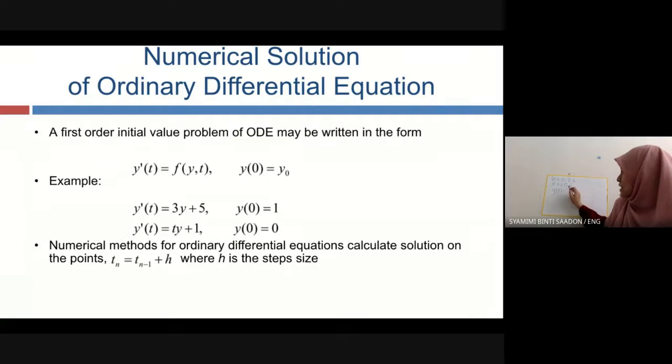So if we have 10 seconds, we must have 50 steps, y1 until y50. But this is a lot. Normally, if we have to do it manually, we just have like 4 or 5 or maximum 6 steps.